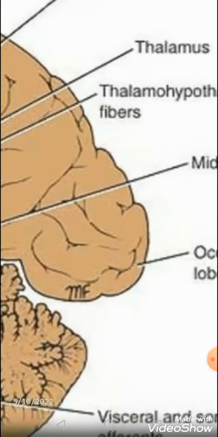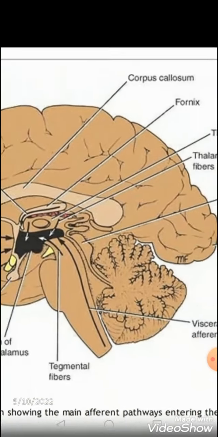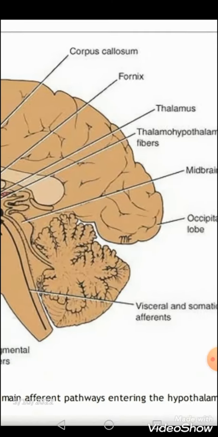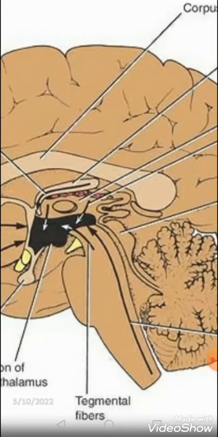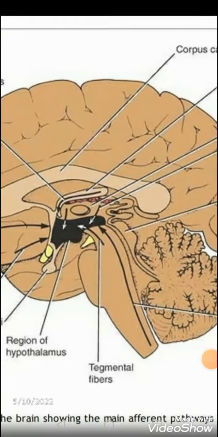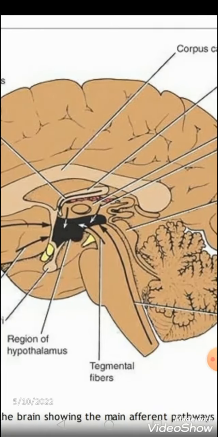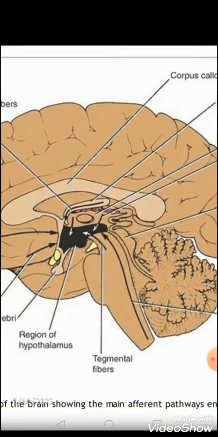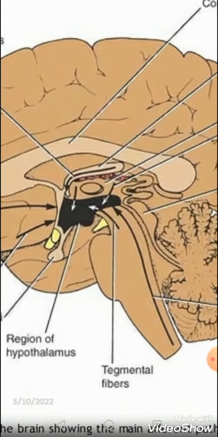Let me show you the location of the thalamus. This is the thalamus, and from here the thalamo-hypothalamic fibers are trying to enter into your hypothalamus, right? And of course, fibers from the basal ganglia, the amygdalo-hypothalamic fibers through the amygdaloid complex, are entering through the stria terminalis and reaching your hypothalamus.